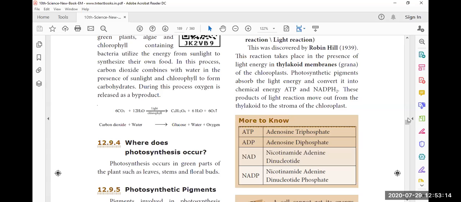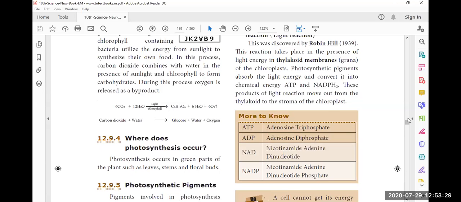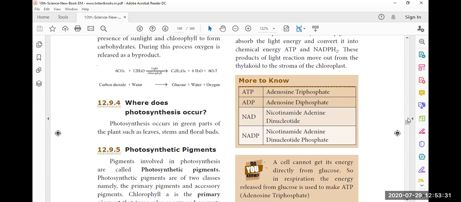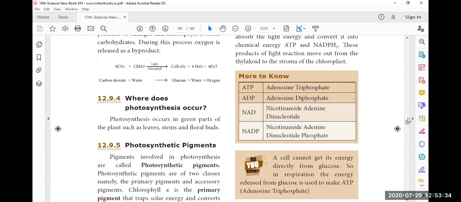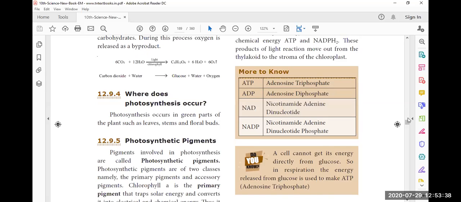Okay, so they produce glucose or carbohydrate. C6H12O6. The molecular formula of glucose is C6H12O6 plus 6 molecules of water, and oxygen is released as a byproduct. Okay, so carbon dioxide combined with water in the presence of light and chlorophyll, the glucose is produced and the water and oxygen are also released.